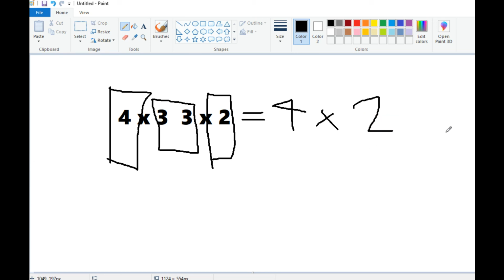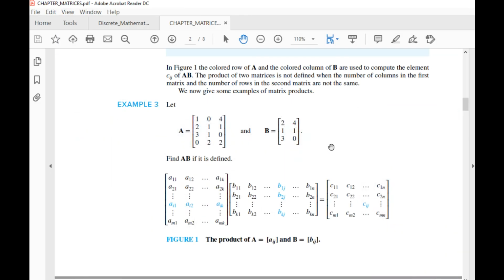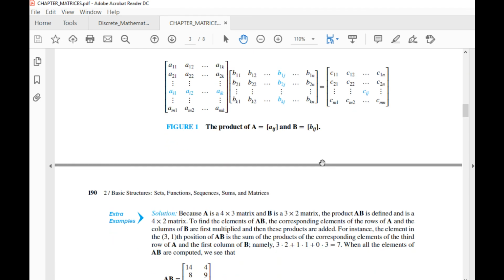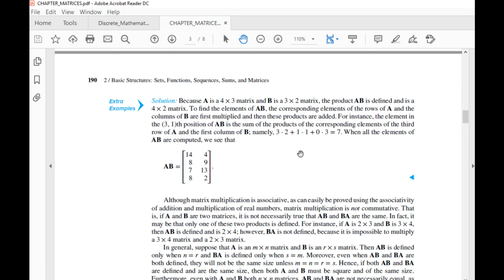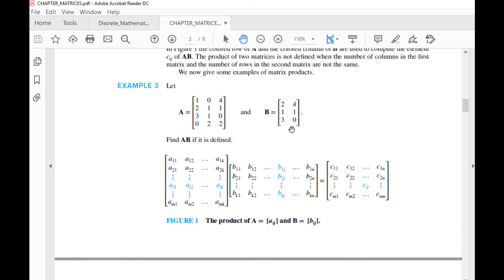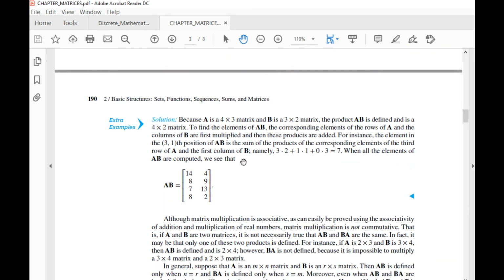That's how you determine the size of the resulting matrix. Then there will be an exercise later. You are the ones to discuss this extra example. We're going to be solving for the matrix given above, and you will have to demonstrate to me how we come up with this particular solution.